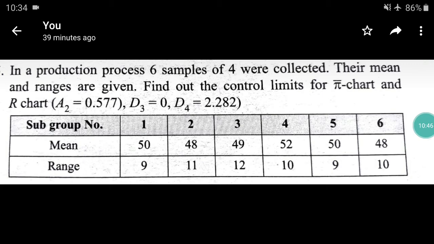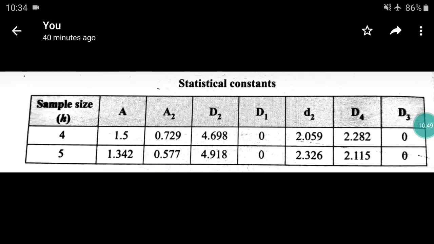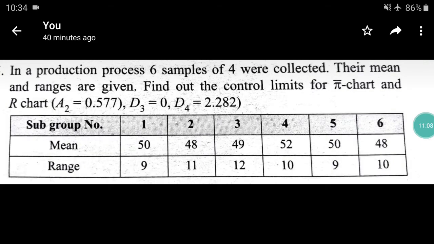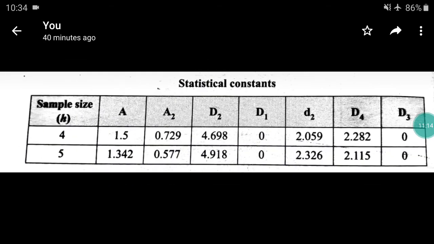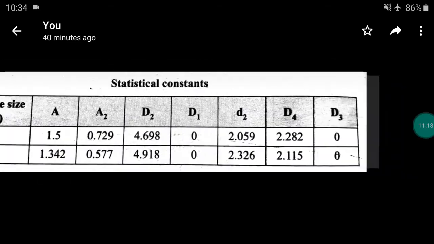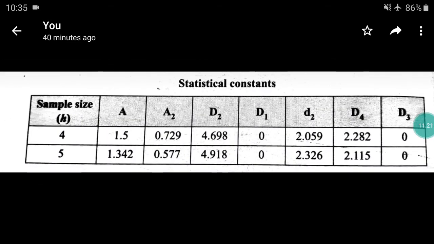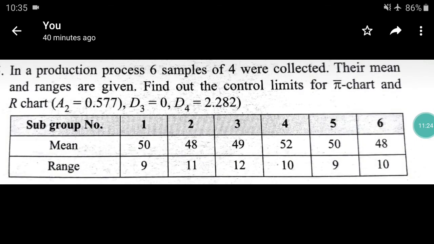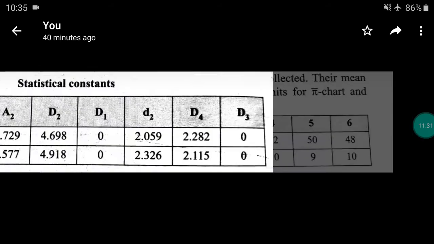see, sample size 4, no? Sample size here 4, here A2 value is 0.729. See, they have taken the wrong value.